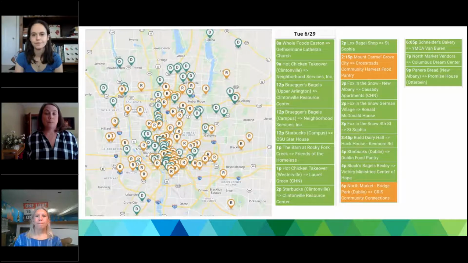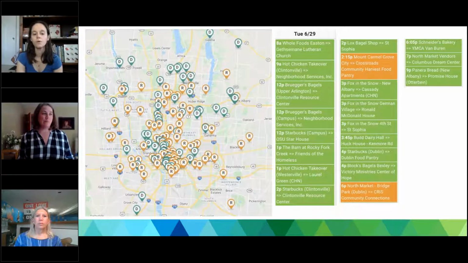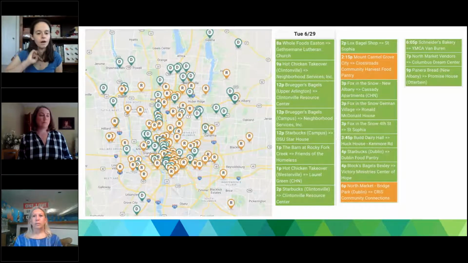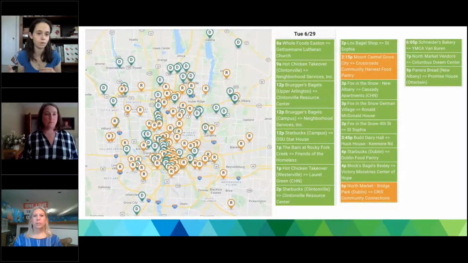This is maybe my favorite slide of what we have, in part because what it shows on the left side of the screen is most of the map of our donors, the Ds, and our receiving agencies, the Rs, across Franklin County and a little bit beyond. Part of what you see there is something that I'll talk about in a minute, which is that we have ample opportunity to add more donors and receiving agencies always.